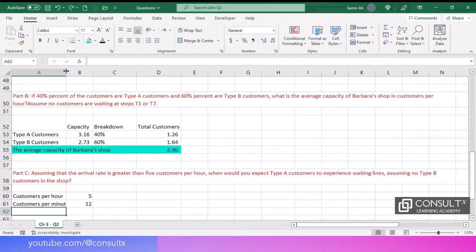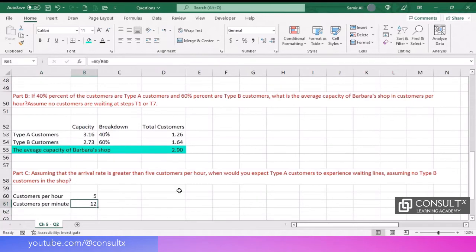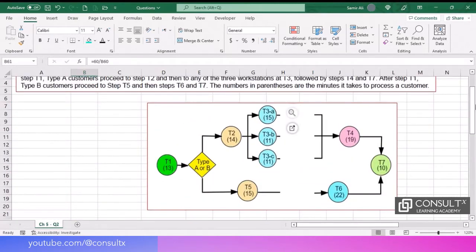So we need to find out which steps in the type A process flow have a number of 12 or greater. So let's go back to our process flow at the top, and we find out that T1, T2, and T4 all have numbers greater than 12, whereas T7 has a number less than 12. So it's more likely that customers will be waiting at T1, T2, and T4.